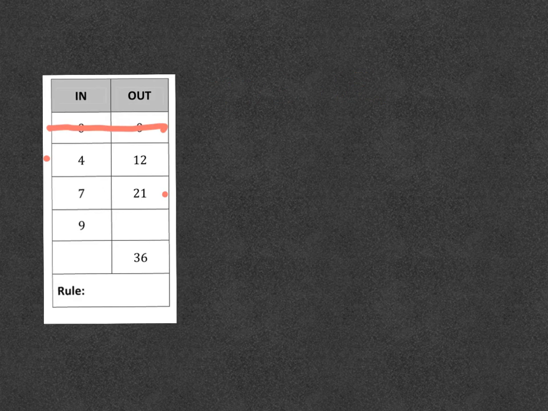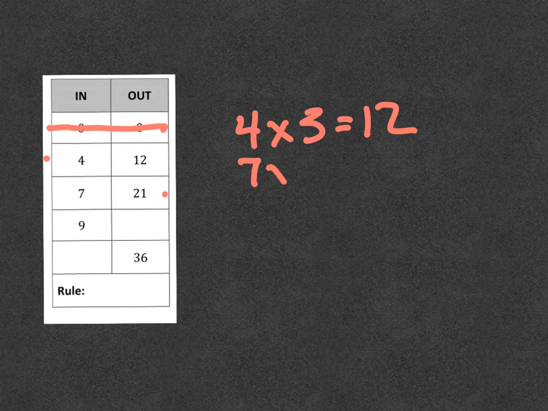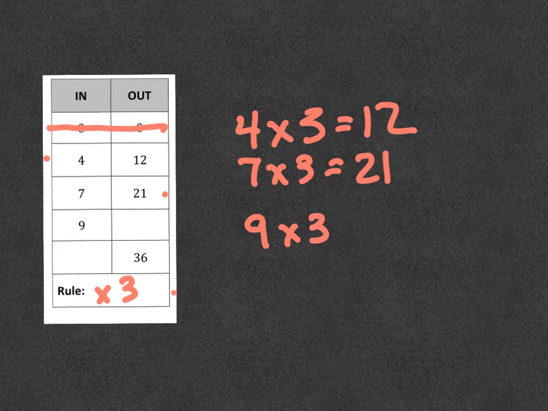Now let's test multiplication. 4 times 3 would equal 12, so that works. 7 times 3 does equal 21. So it looks like our rule is going to be times 3. Now what we need to do is apply this rule down here to our other numbers. 9 times 3 is going to equal 27.